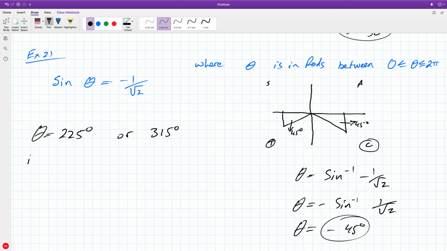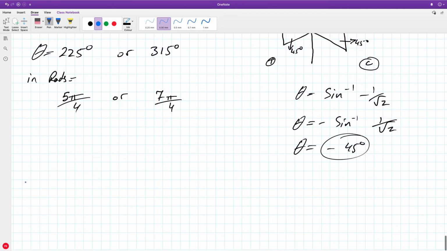So in rads, 5 pi over 4, or 7 pi over 4. Is that okay? Right, general solution.